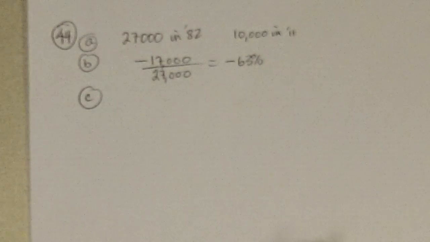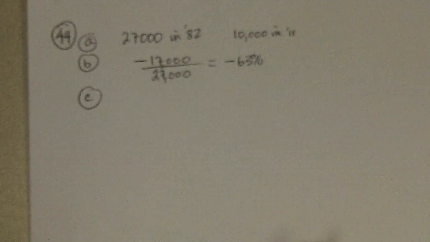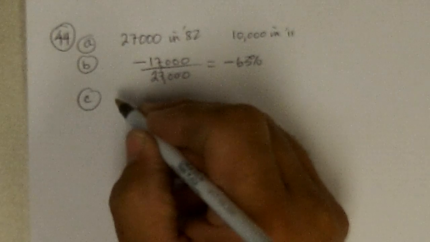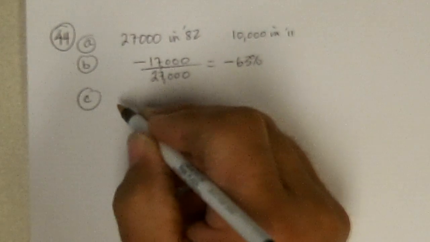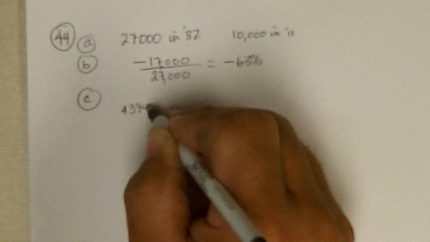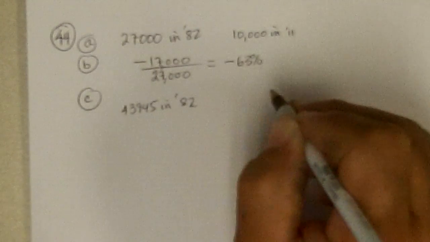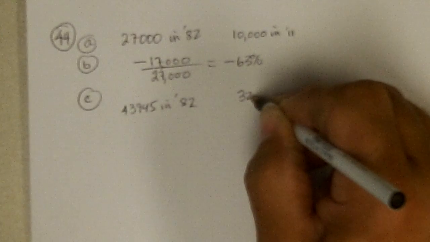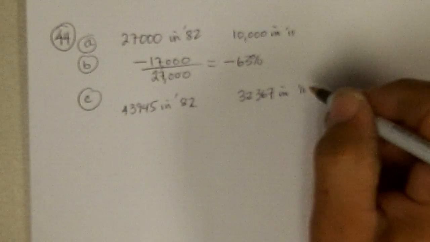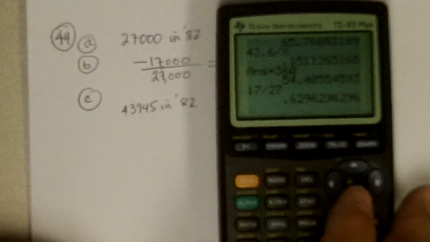C. Total number of automobile fatalities in 1982, and the total number of fatalities was 43,945 in 82, and were 32,367 in 11. What percentage of all the fatalities in these 2 years were involved in alcohol?